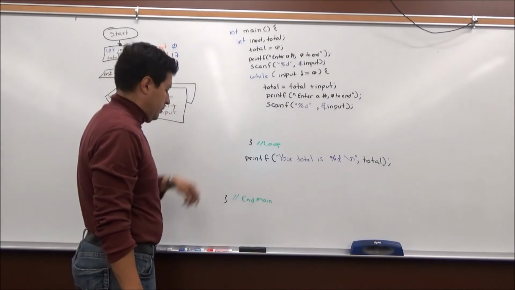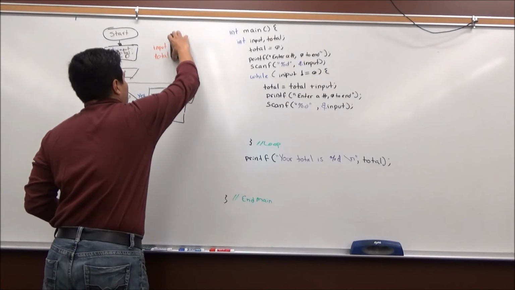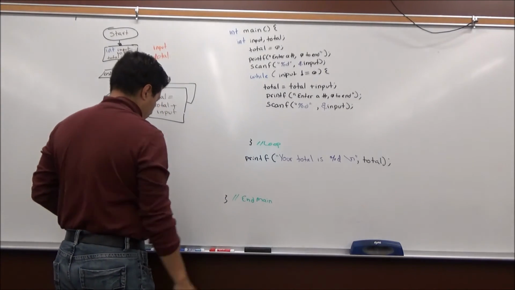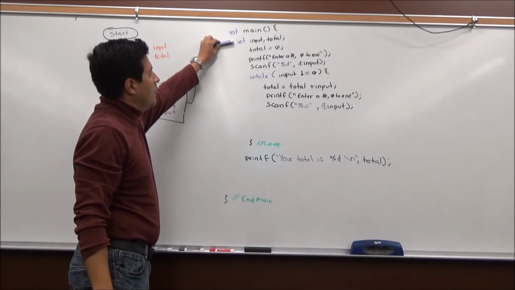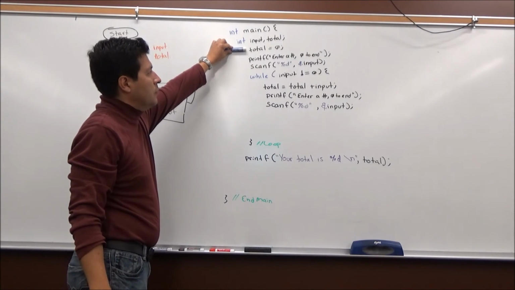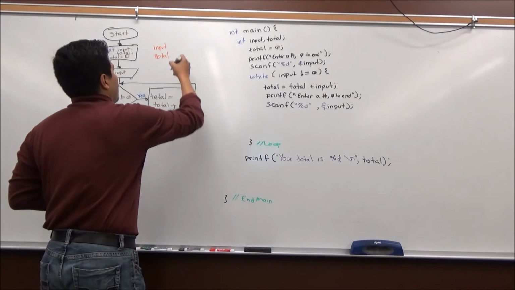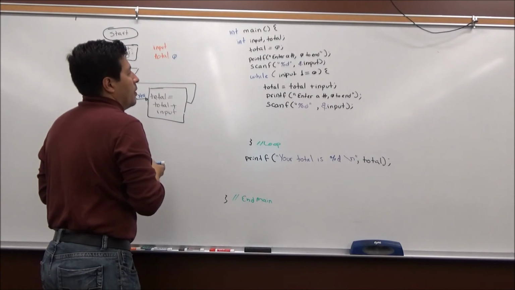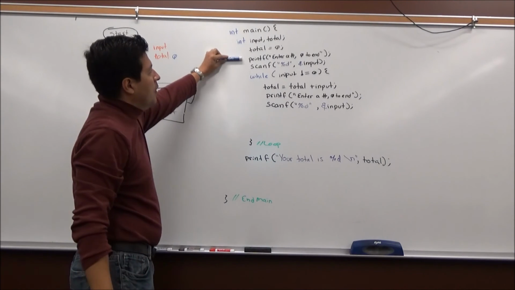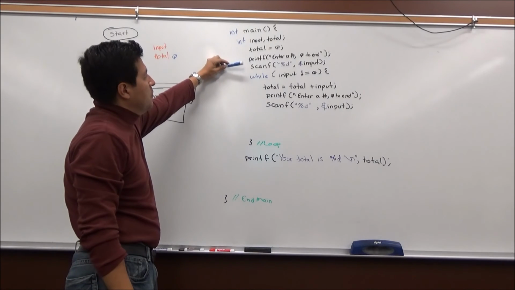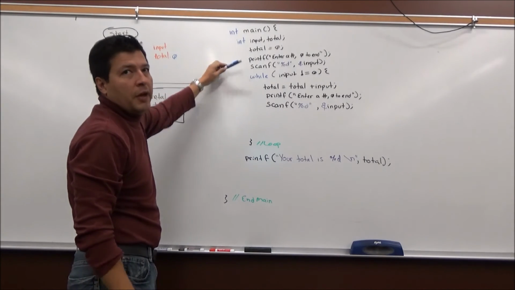So it's right here, right? Let's follow up along. So I declare those two variables. Then I'm here. I set total to 0, right? Enter a number. And I scan. And the user enters 0.